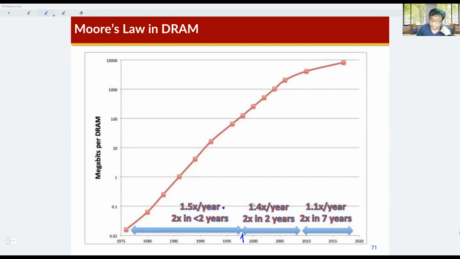Then this trend is reduced to 1.1 times per year after 2010. So this trend shows that it's not easy to scale down the CMOS transistor.